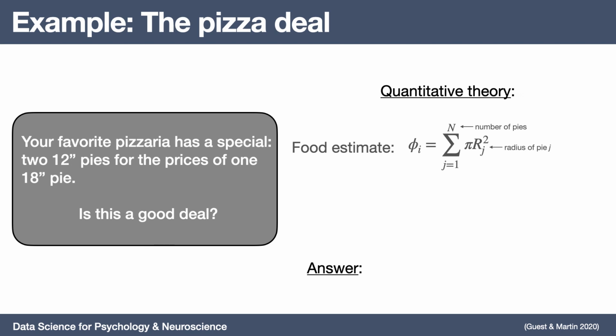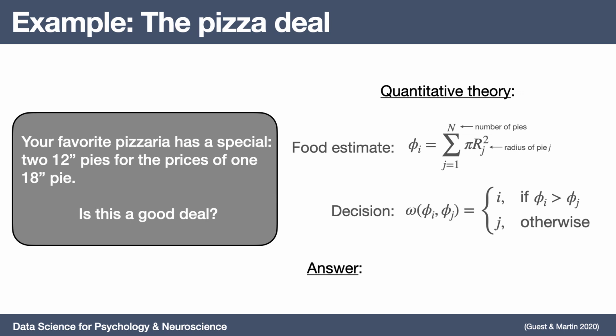So we can quantify the amount of food you get in each option by just summing over the number of pies times the pi r squared of the pie, which gives us the surface area. And then we can come up with a formal decision term, right? We can say whichever option has the most surface area, the most food, is the better deal, because they're both the same price.